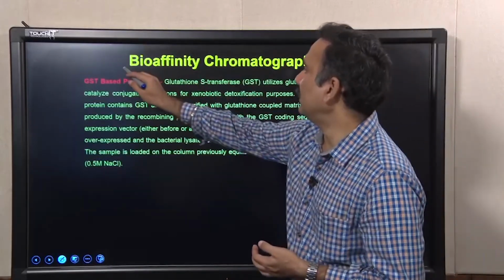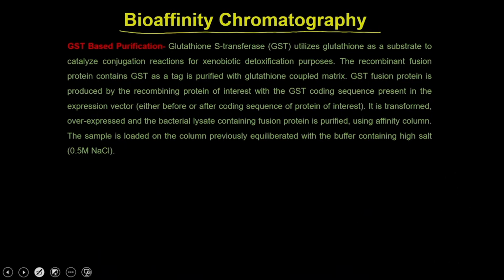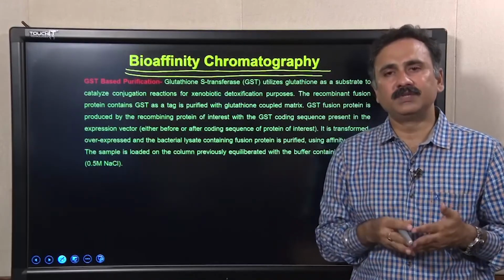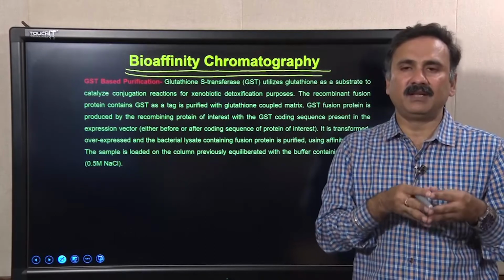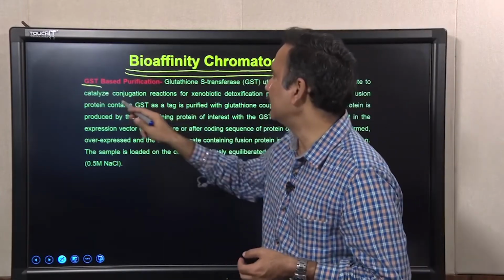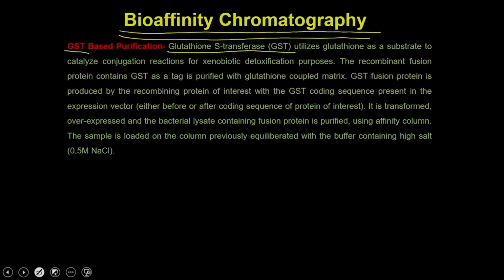Now, let us move on to the next example of the bioaffinity chromatography, where you are not using the antigen or the antibody as a pair. Here you are using the enzyme and the substrate. So, here you have the enzyme which is called the GST or the glutathione S transferase, which utilizes the glutathione as a substrate to catalyze the conjugation reaction for the xenobiotic detoxification process.